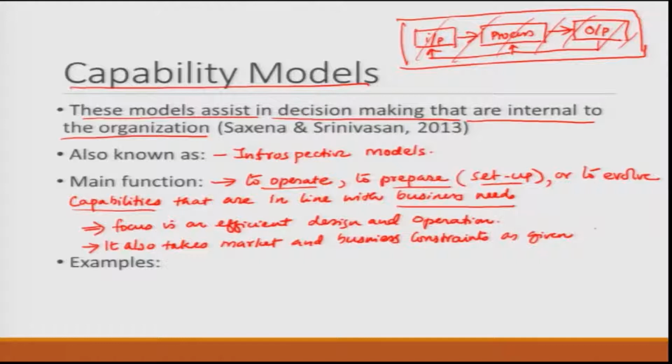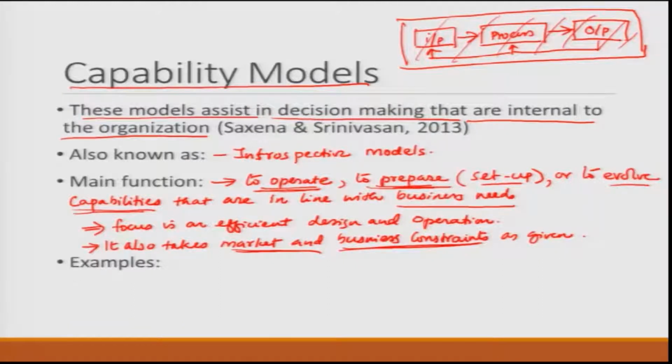It assumes that the market and the business are known and the constraints are known to us. We already studied it and we know it, and given the market and business constraints, how to operate, how to prepare, or how to evolve the capabilities to fulfill the business needs. The how aspect is what is being focused on. So the analytics typically focus on the operational side, the preparational side, or the evolutional side of it.